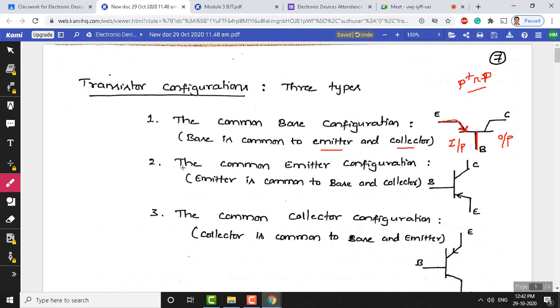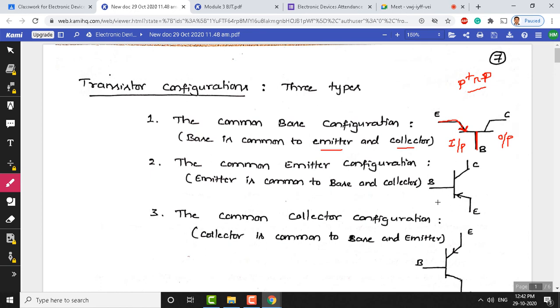Next is the common emitter configuration, where you make the emitter the common terminal between input and output. Look at this diagram, which has been rotated and flipped. This is for the common emitter configuration.